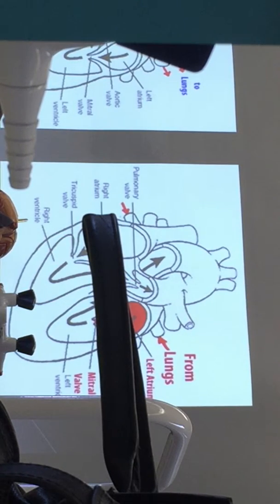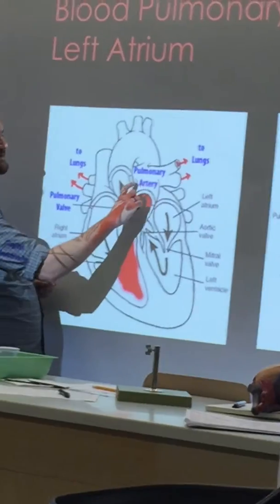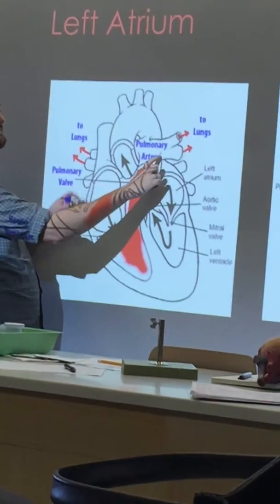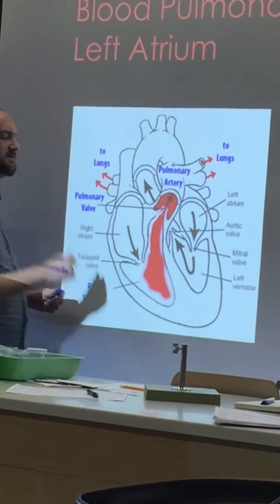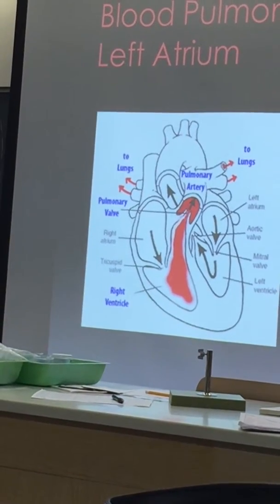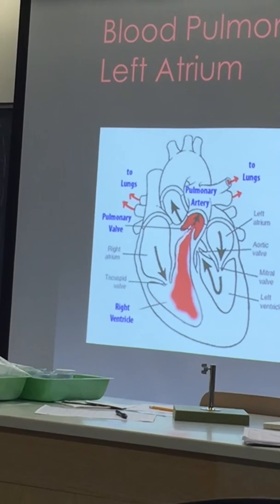And on the other side of the pulmonary valve, the first part here, this little trunk right here is called the pulmonary trunk. So this short little piece right here. So pulmonary valve, after that is pulmonary trunk.